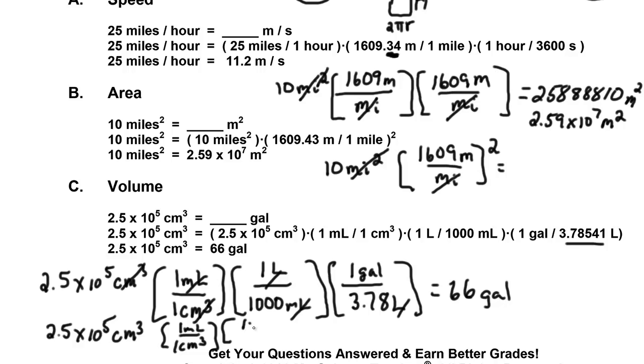We could have said 1 times 10 to the negative 3rd liters in 1 milliliter. Those two statements are equivalent, so you can write them whichever way you want. And then 1 gallon per 3.78 liters. So if you did it that way, 2.5 times 10 to the 5th, multiplied by 10 to the negative 3rd, and divided by 3.78, again we get 66 gallons.